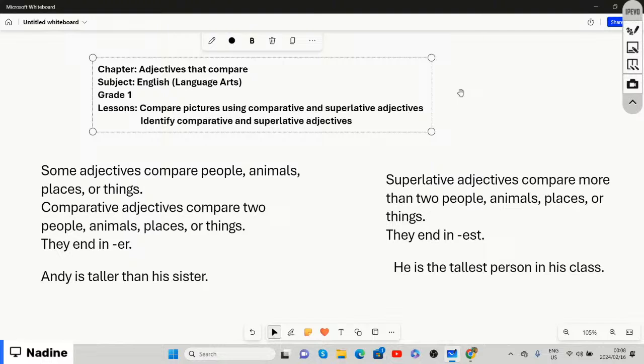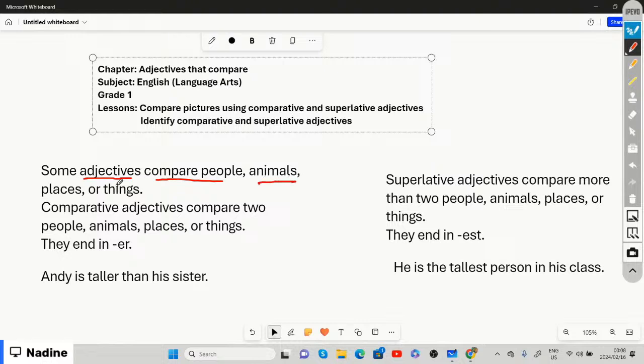And some adjectives compare people, animals, places, and things.